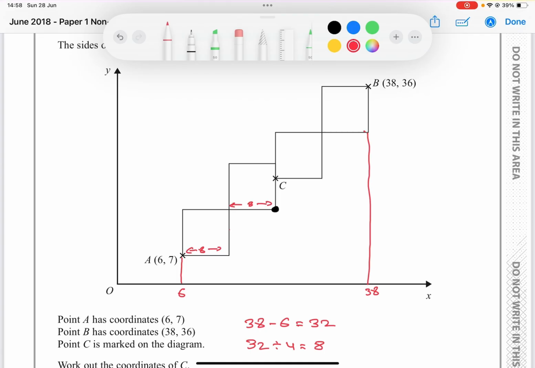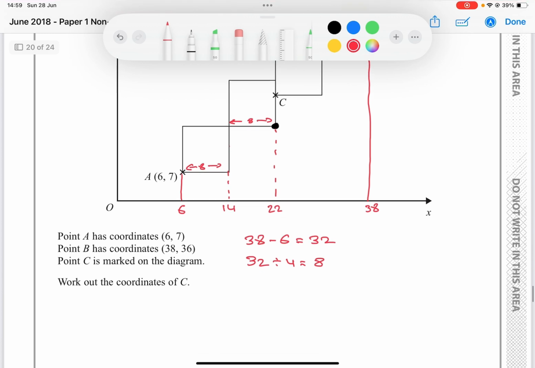So what I can do is, for the x values, I can just continue to add 8. So this over here will be 6 plus 8. What is 6 plus 8? 14. There we go. And then for this point here, you just do 14 plus 8, which is 22. Or you could have just done 6 plus 16, 8 plus 8 is 16, and you've got 22 as well.